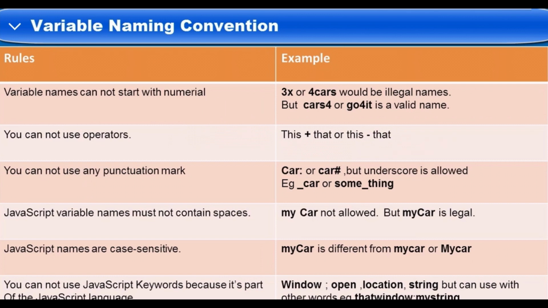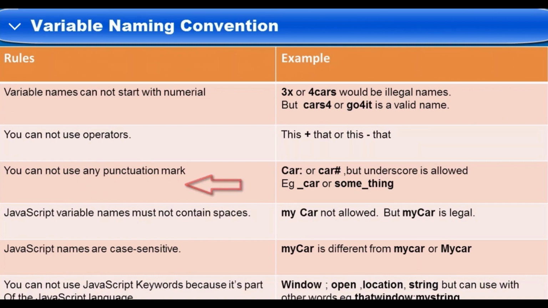You cannot use any punctuation marks of any kind in a JavaScript variable name other than the underscore. So you can't call your variable car colon or car hash, but you can use an underscore. Underscore is allowed, so you can give your variable name underscore car, for example, or something underscore something.